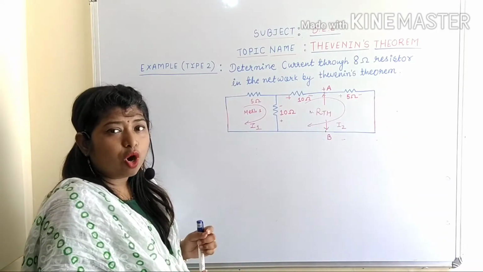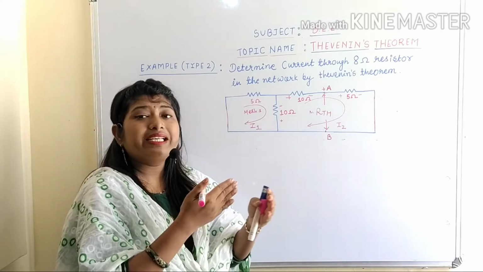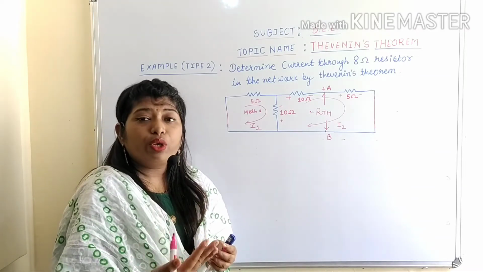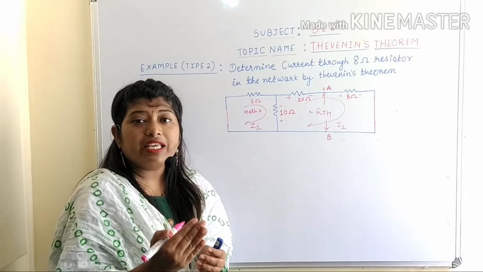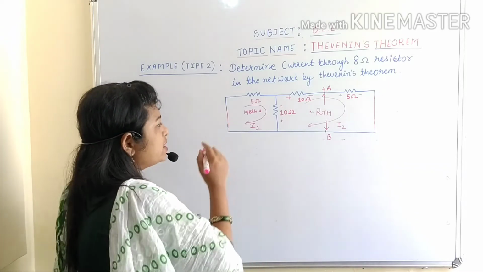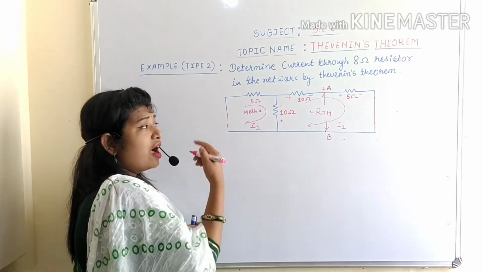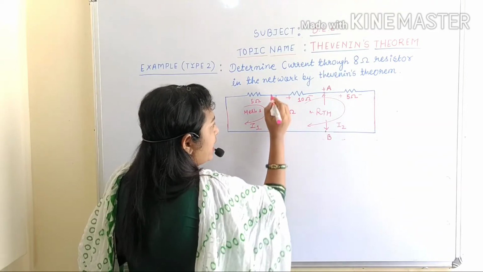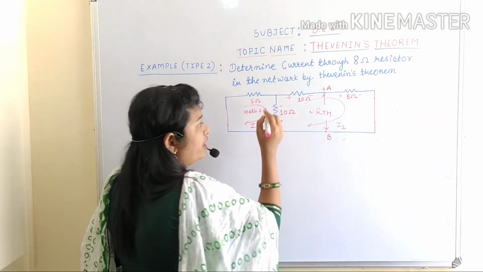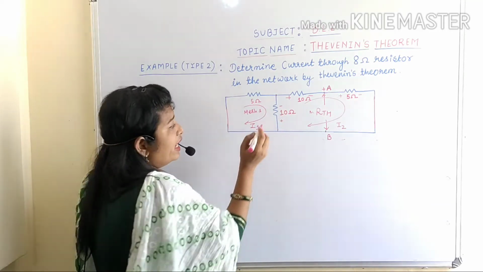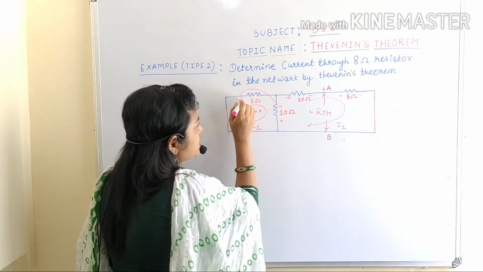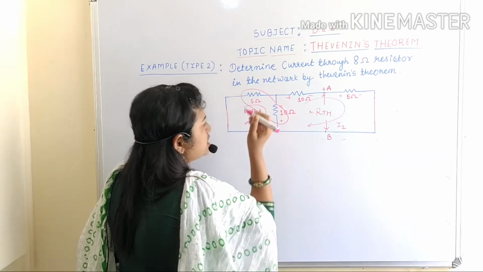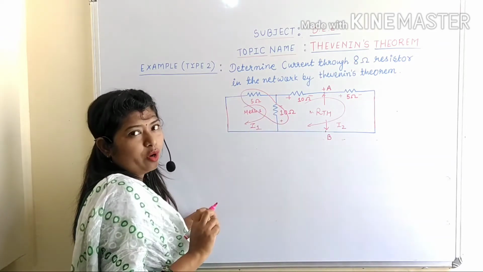Next procedure is what? Simply by using the series parallel method, you need to calculate Thevenin's equivalent resistance. So please pay attention over here to how you are going to calculate RTH. Now as you know, at this particular point current gets divided. It means that this 5 ohm resistor is parallel with the 10 ohm resistor.